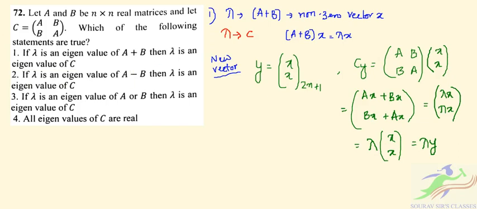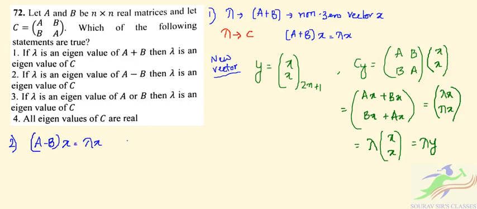So let us check option 2. If lambda is an eigenvalue of A minus B, similarly we have a non-zero vector x such that (A minus B)x equals lambda x.